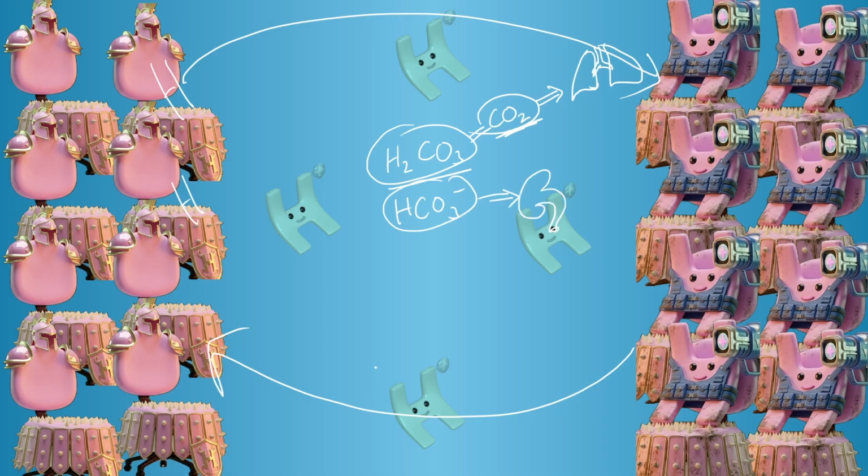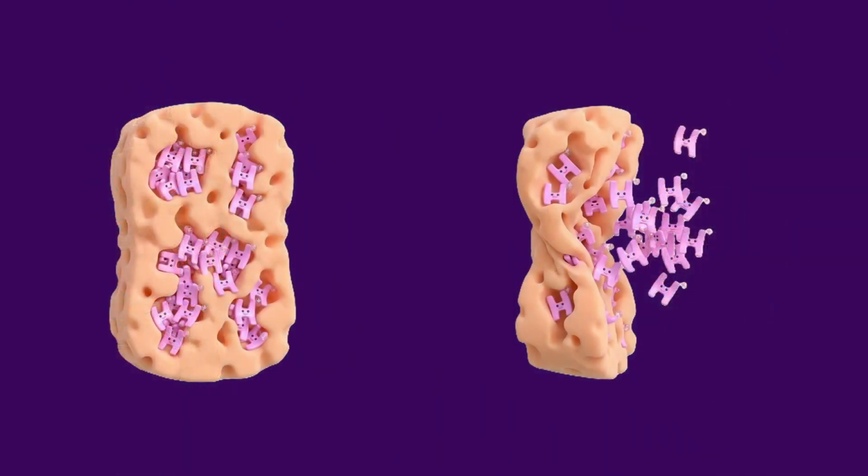So the problem is that buffers are not permanent, they are temporary, they are the first line of defense, temporary measures. Ultimately, the control lies in the kidneys as well as in the respiratory centers that we will discuss in the upcoming lectures. So in another way, you can see these buffers as a sponge. A sponge can pick up water.